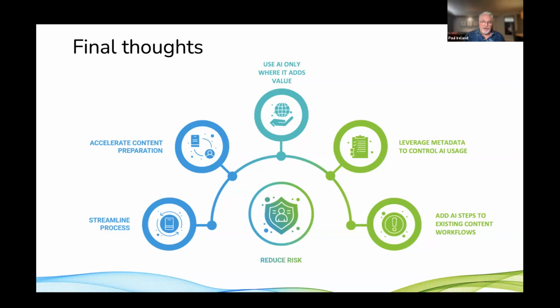The whole framework around automation is providing some control over the use of AI. The metadata is controlling what options should be used. And you're adding AI steps to existing content workflows, or refining them, or creating new workflows that leverage AI where it makes sense. All of that with the aim of reducing risk via automation.